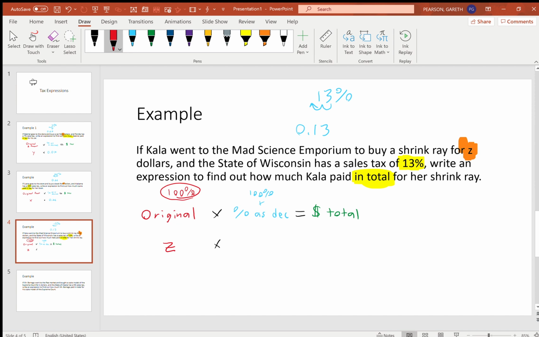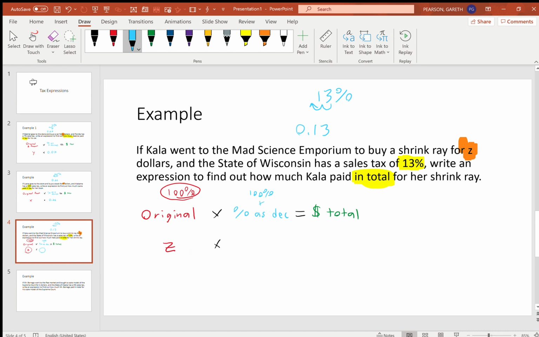So if you do Z times 0.13, that would only give you the amount of tax you paid. If you do your original 100% plus the 13%, that's going to show you how much money you paid in total: how much the shrink ray costs, plus the tax, whatever the tax is, okay?